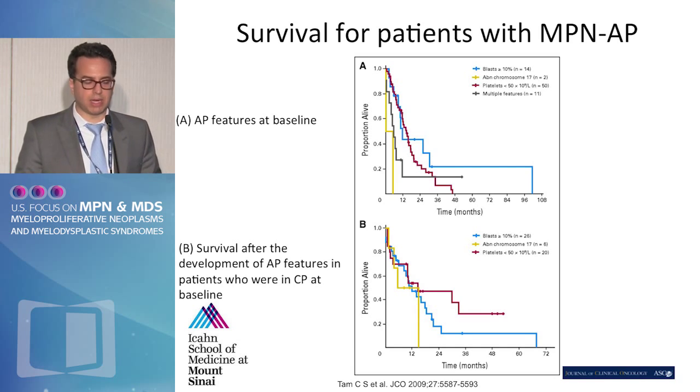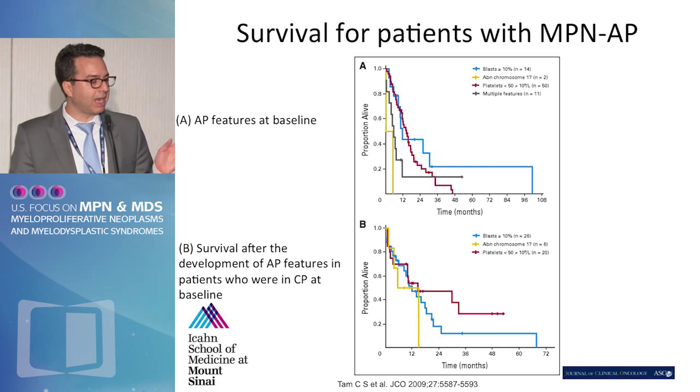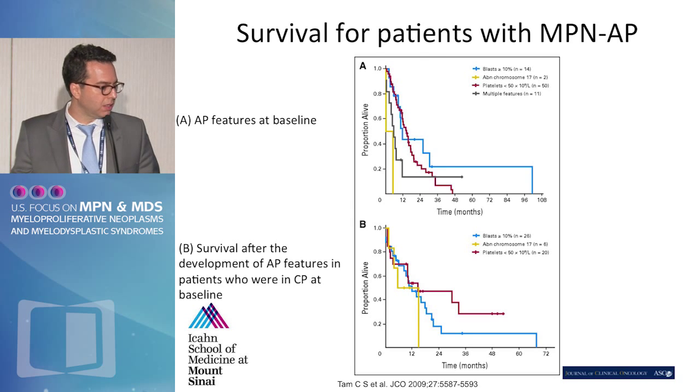So if you had one of those risk factors or multiple, that predicted a poor outcome at baseline, but also in a dynamic fashion, so that the acquisition of any one of these risk factors also increased your risk of leukemic transformation and subsequently poor survival, less than a year.